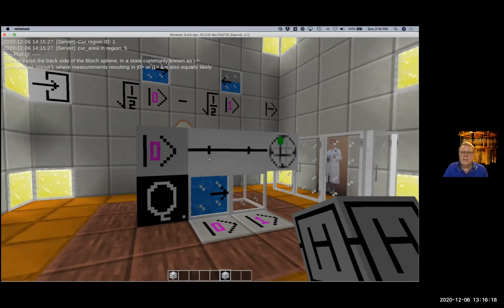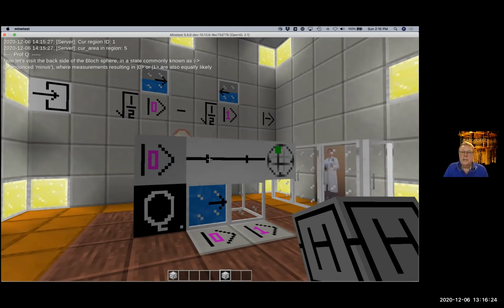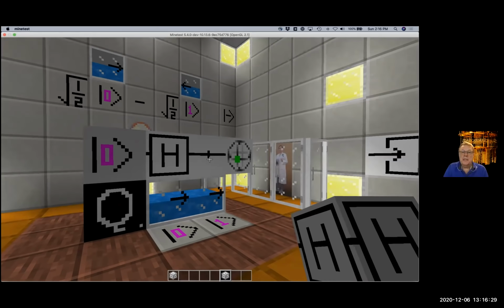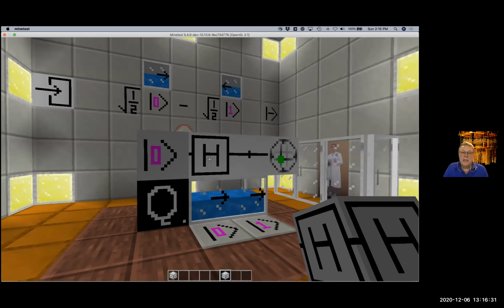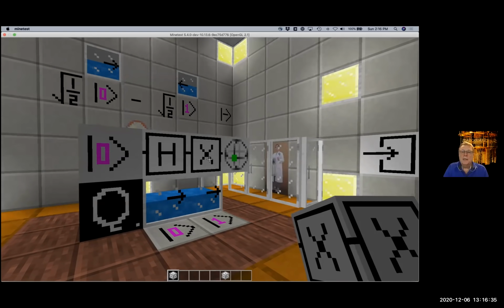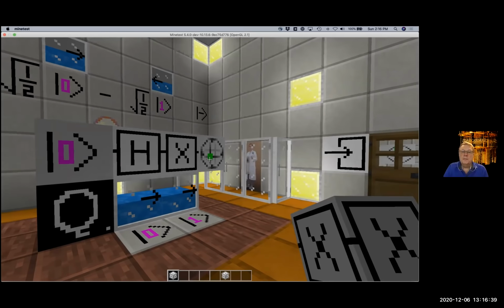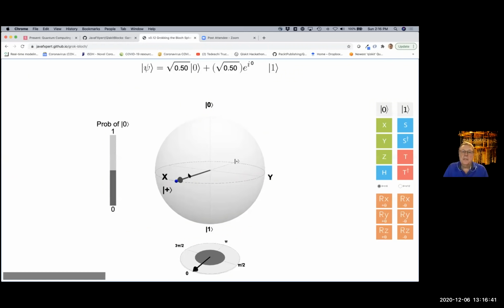So that's the question. Let's see, if we put the H gate on there first, we know what would happen. It would end up in the plus state. And then if we put the X gate there, well, nothing happens. Why doesn't anything happen? Why didn't it solve the puzzle? Why didn't it move off of the plus state? Well, let's go back to the Bloch sphere. We'll go back up to 1.